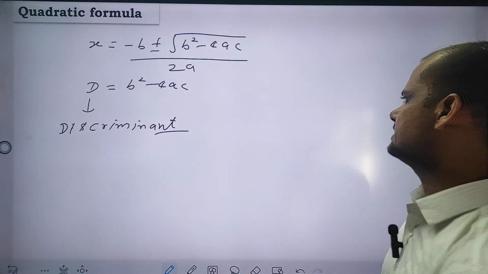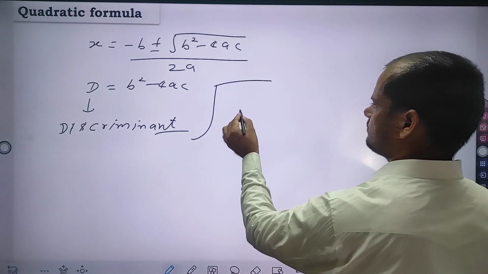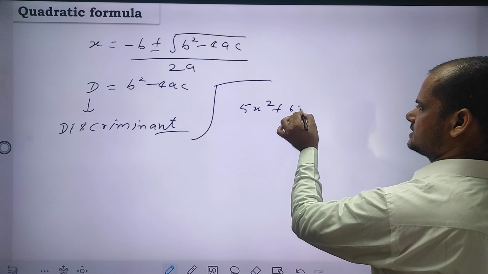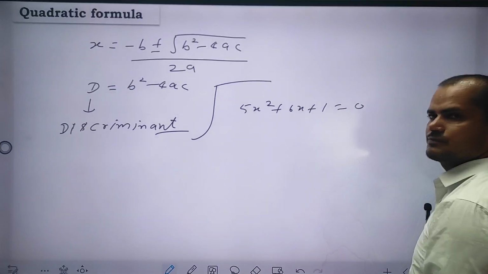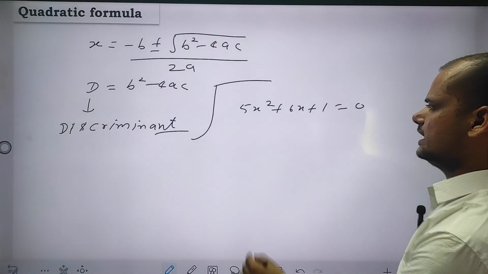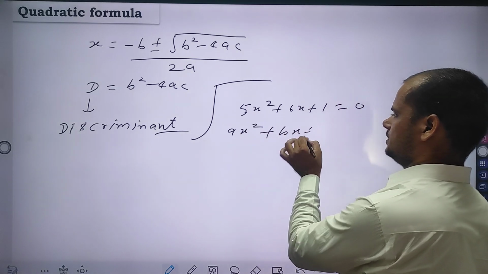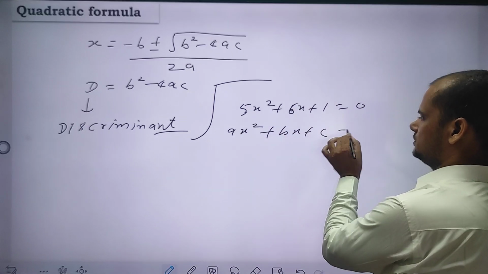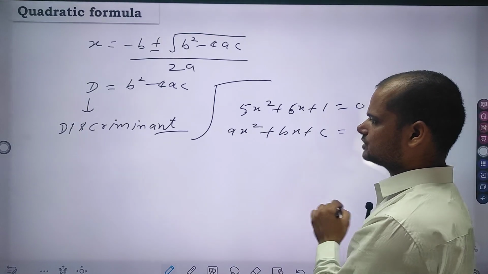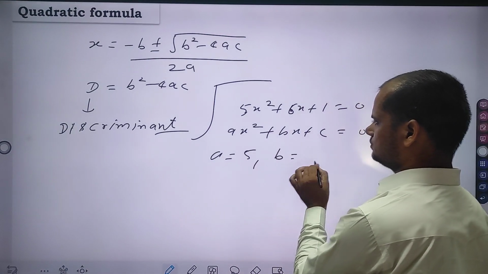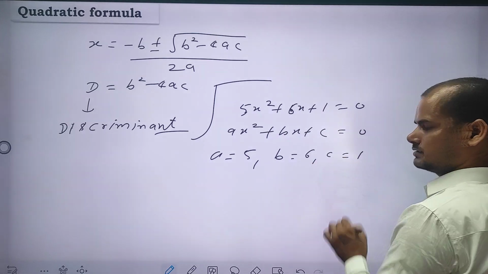Now let's see an example. 5x square plus 6x plus 1 equal to 0. We know the general form of a quadratic equation is ax square plus bx plus c equal to 0, and comparing both equations, we find a equal to 5, b equal to 6 and c equal to 1.